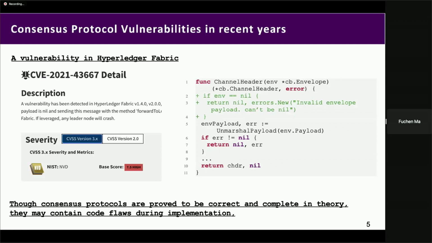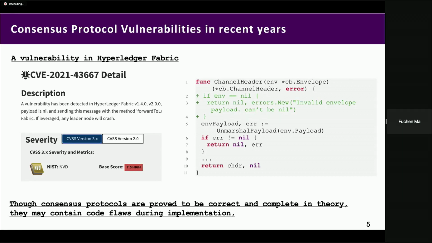But we all know that consensus protocols play a very important role in blockchain systems. Nearly all of them have been proved to be correct in theory, but there may be some flaws in their implementations. Here I show an example of a consensus protocol vulnerability in Hyperledger Fabric, which was discovered in 2021 and has been assigned a CVE identifier.